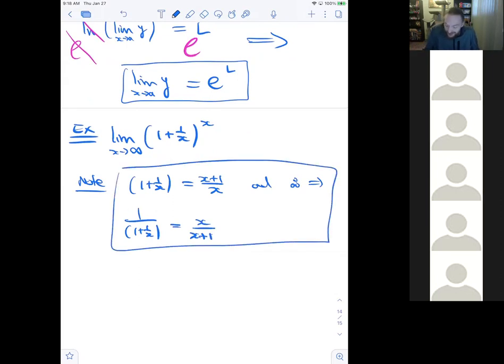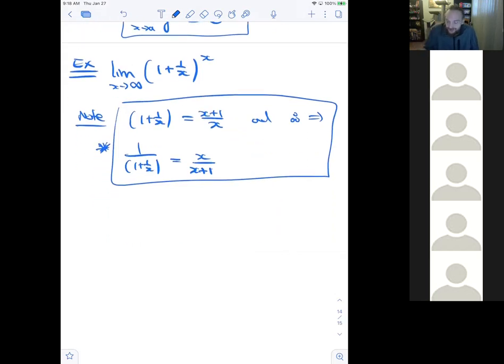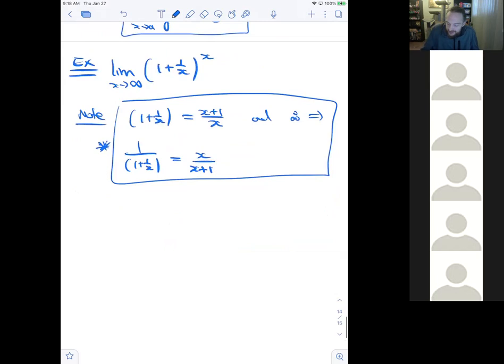I'm going to use this in my calculation, and then everybody says, where does this come from? So I started writing it out ahead of time. I have that this is exactly 1 to infinity type, just like I had talked about.